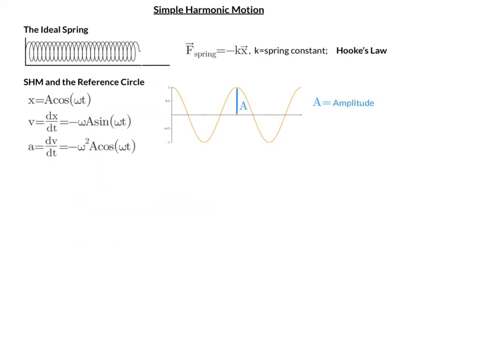All right, so we looked at displacement, velocity, and acceleration, but let's just look at the cosine wave and remember a few things about the shape of the wave. I mentioned already the amplitude, which is the maximum displacement from equilibrium. Another very important quantity is the period. The period is the amount of time it takes for the motion to repeat itself.